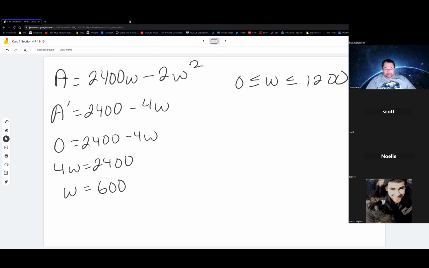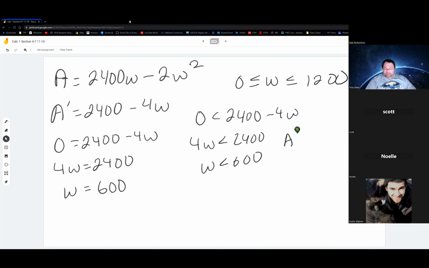So if we look at this question, when W is less than 600, my derivative is greater than 0, so positive. And the other direction, greater than 600, is less than 0, so negative.